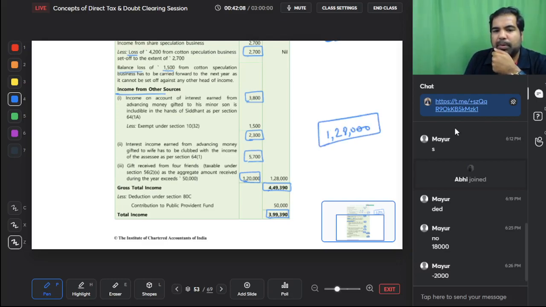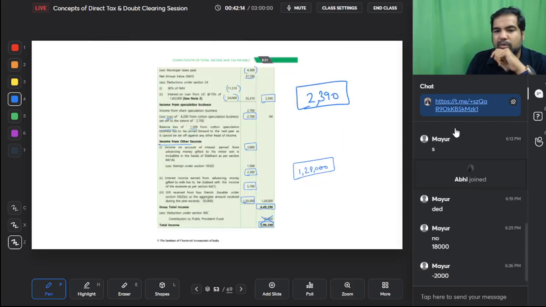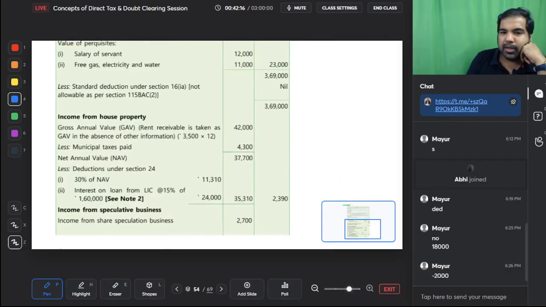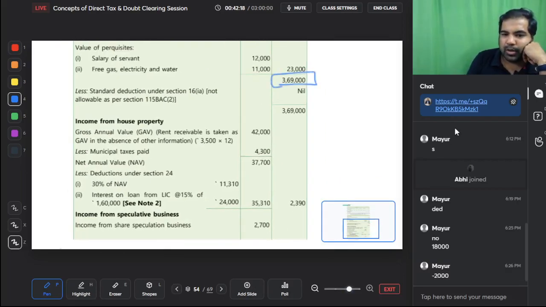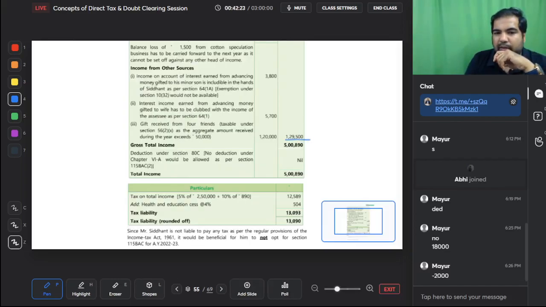And 50,000 PPF deduction you will not get, so 1,28,000 plus 2390 plus 3,69,000, this will be under 115BAC, 3,69,000, 2390 and 1,29,500. Yes, 1,500 that you minus for child, that also you will not get, so it will be entirely 3,800 and 5,700.